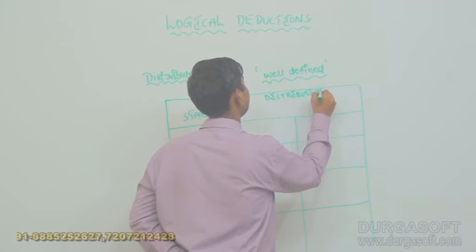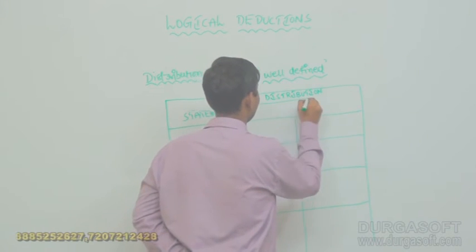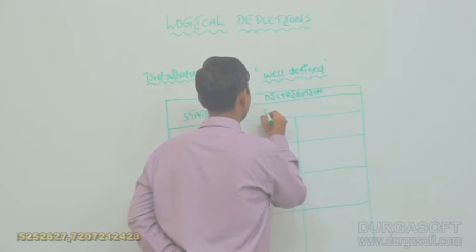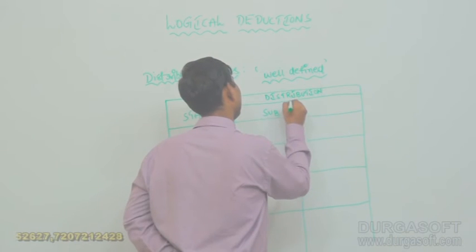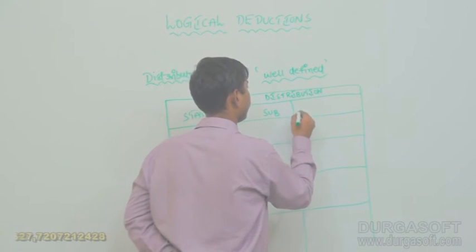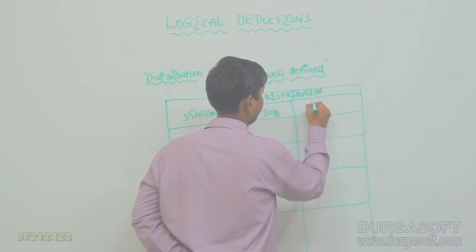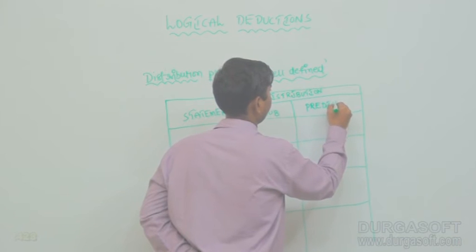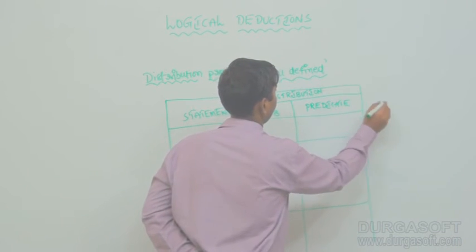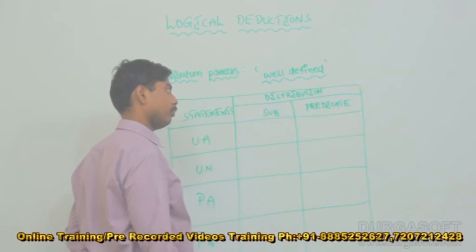Distribution process, which is for subject, predicate. Predicate is nothing but, in general English, the object. Predicate, predicative, predicate.